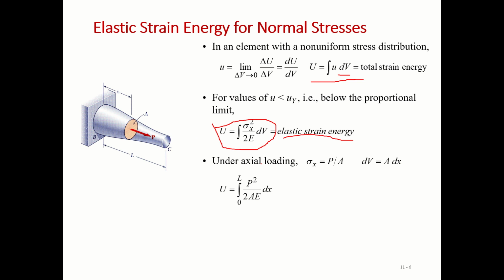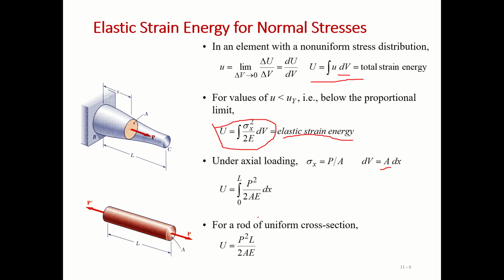But in our case, we will mostly discuss the uniform cross-section. So under axial loading, if the cross-section area is constant, we can say A into dx. So for axial loading with a uniform cross-section, we can integrate for the whole length of the rod.